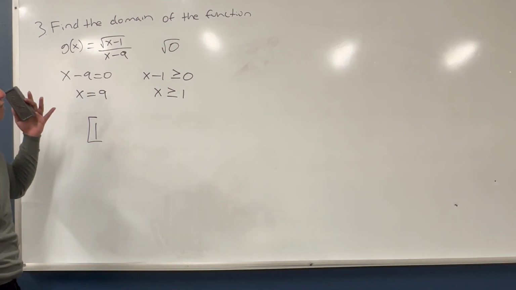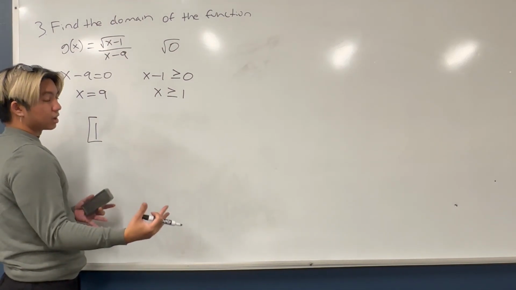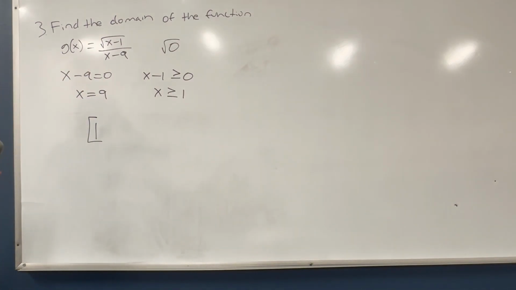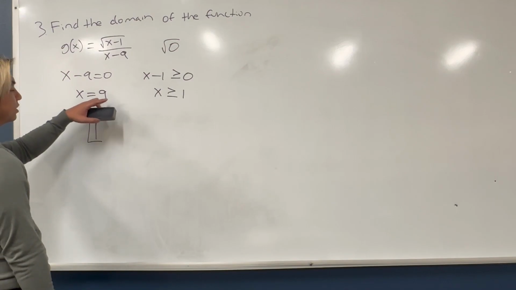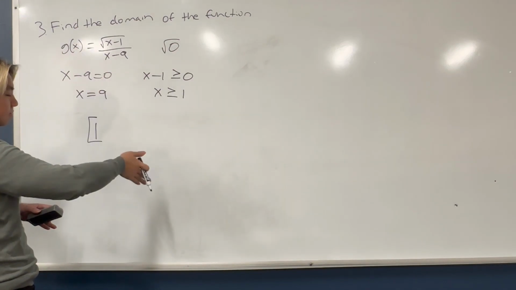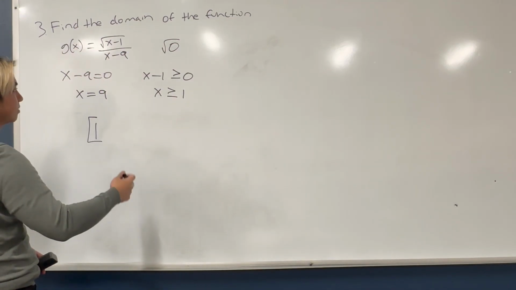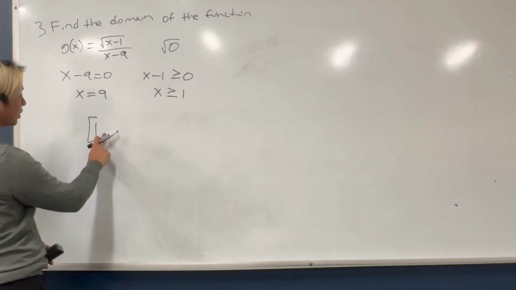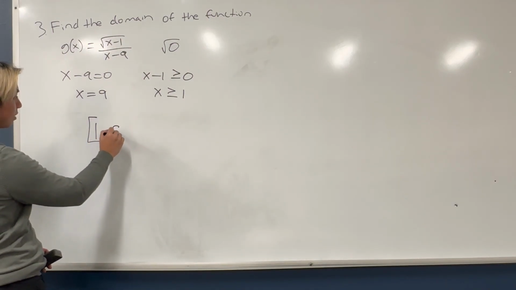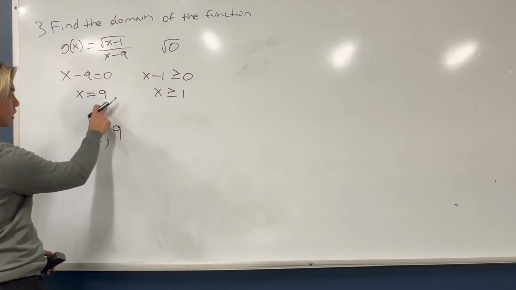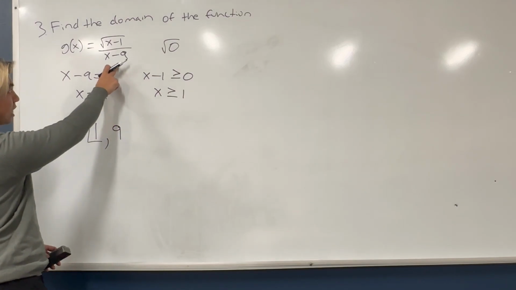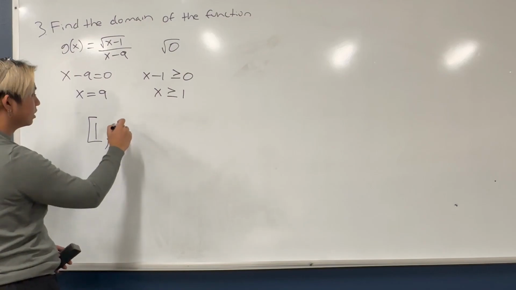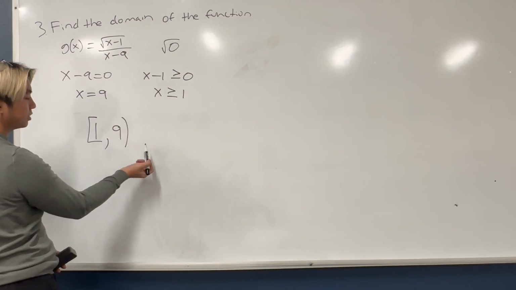And we know that anything divided by 0 is undefined because we cannot divide something by 0, it just does not exist. So that's why 9 is our vertical asymptote. So it would be 1 to 9. And we know that this is our vertical asymptote, and the number cannot be 9 here because it would just be undefined. So this has to be a parentheses.